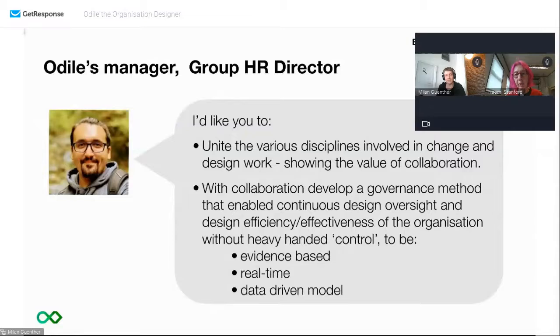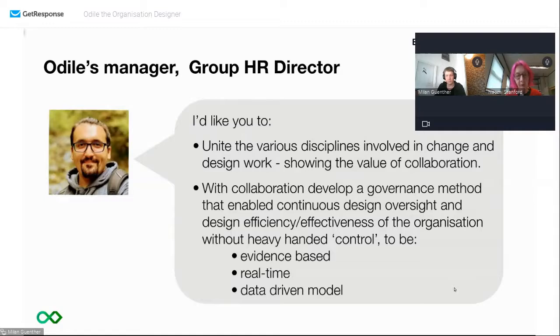And this is where the organization design methodologies are going towards: evidence-based, working on real-time, data-driven information. So that's the first stage in a project. Know what it is that you're actually doing and get a good brief for your work.